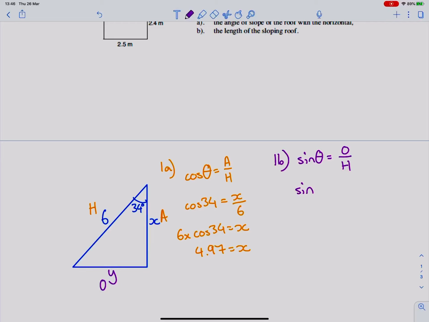Sine of 34 equals opposite, which is y, divided by your hypotenuse, which is 6. Times the 6 to the other side, so 6 times sine 34 equals y. Type that into a calculator and you get 3.36.